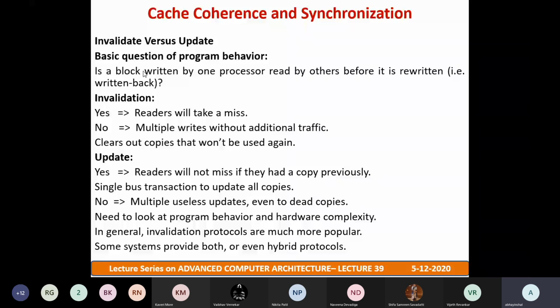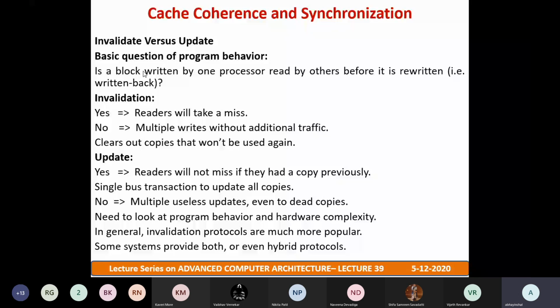In both conditions, they become valid. Whereas in write update protocols, the answer is no, because there are multiple writes without additional traffic, and hence it is not possible for others to read; it clears out copies that won't be used again. That is the invalidation protocol.